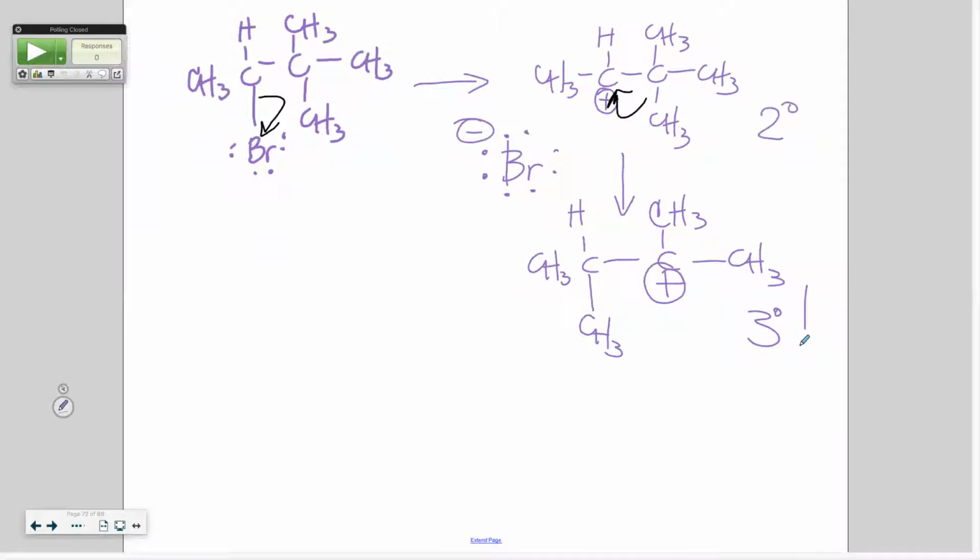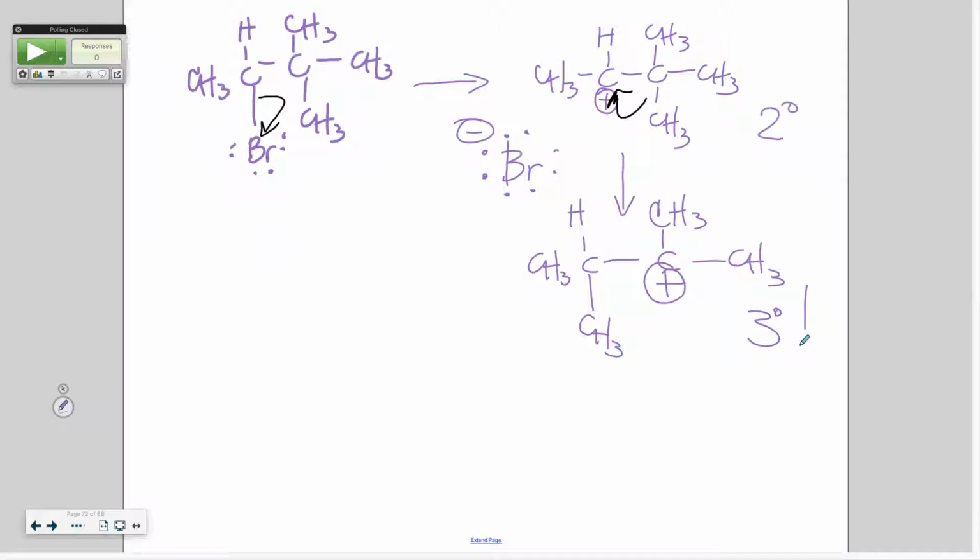Okay, anytime you have a mechanism that has a carbocation formed in it, you can get what's called a rearrangement. The carbons will move, or a hydrogen will move, in order to help make a more stable carbocation. It will not do it unless it makes it more stable.